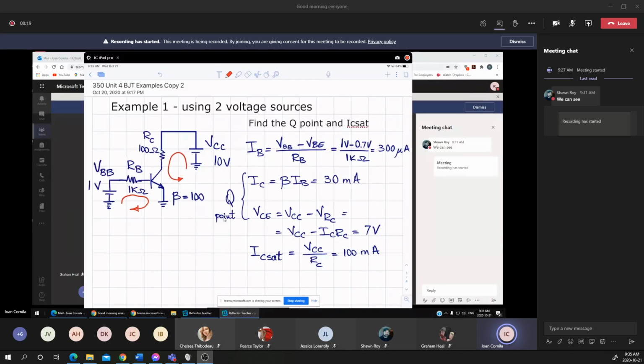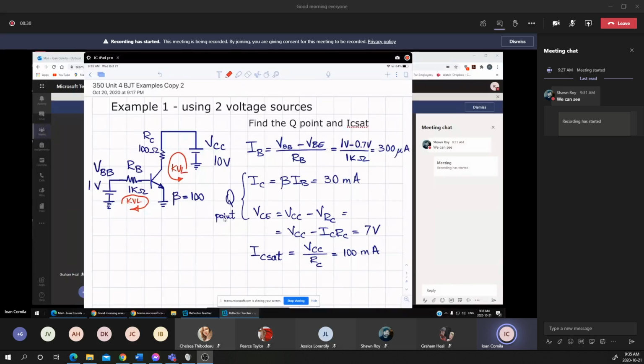Applying KVL in those 2 loops, we'll end up with the equations that are required to solve the problems.